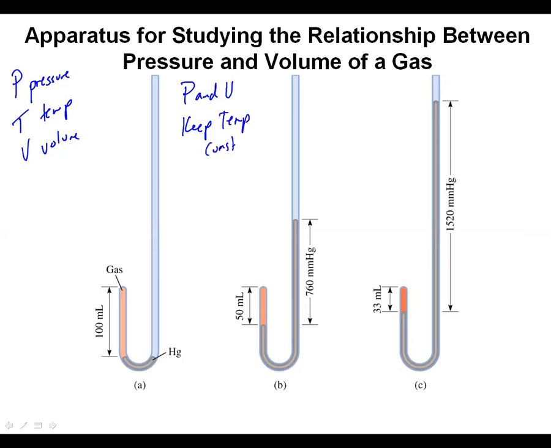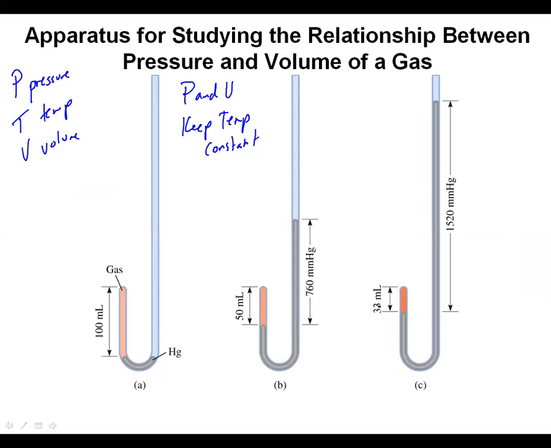And if we look at the relationship that we see here in each of these manometers, over here on the left on A, we have 100 milliliters and the pressure is here. Then we start to lower the volume to 50 milliliters. And what we see here is the pressure of the gas starts to increase compared to the higher volume.